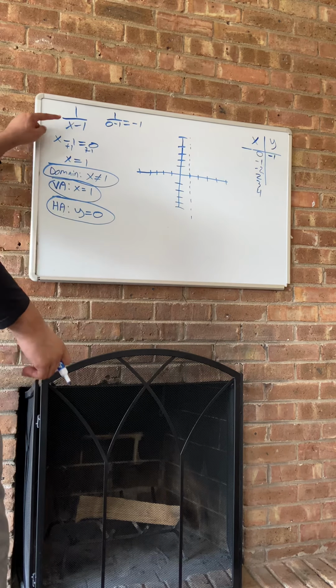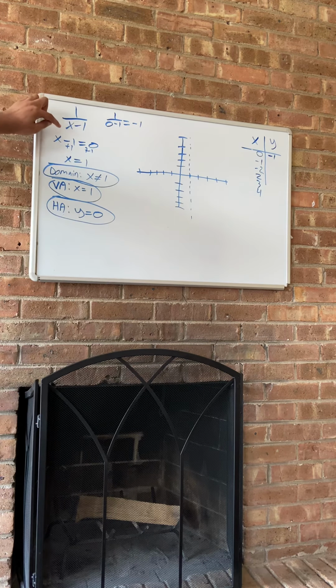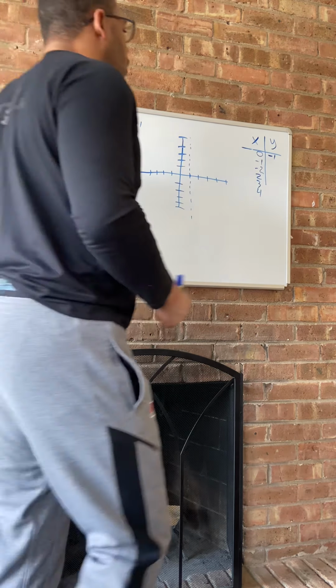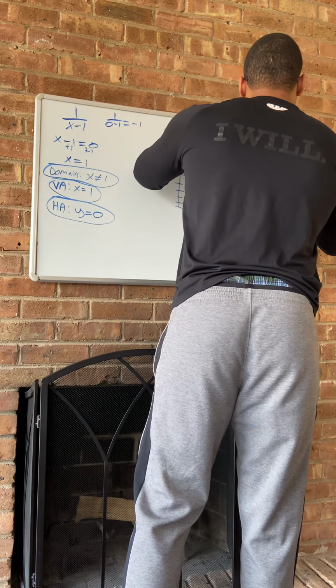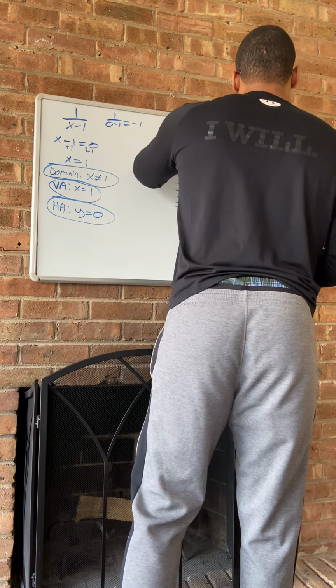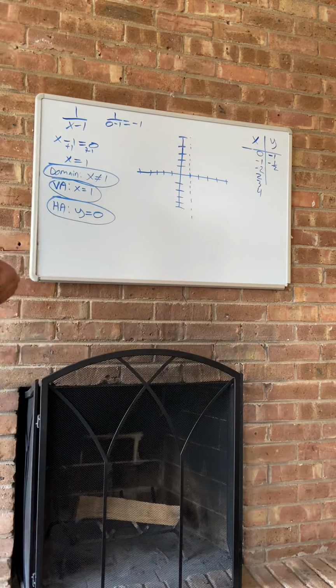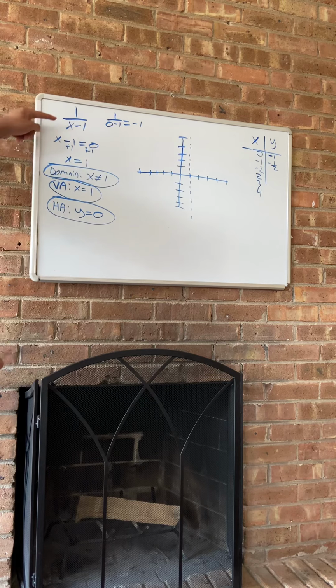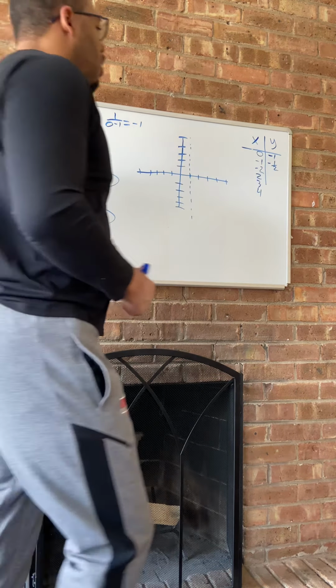If I plug in -1, 1 over -1 minus 1 is equal to -1/2. If I plug in -2, 1 over -2 minus 1 is equal to -1/3.